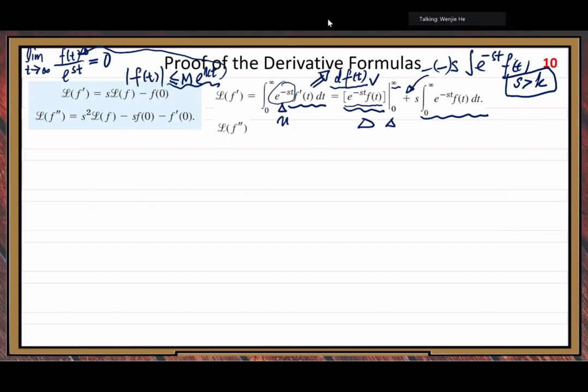Now we can calculate. Because after we have the first formula, for the second formula we just apply the first formula twice.